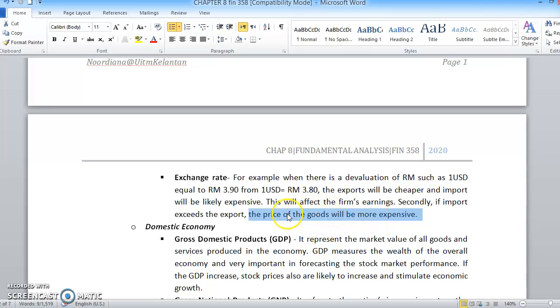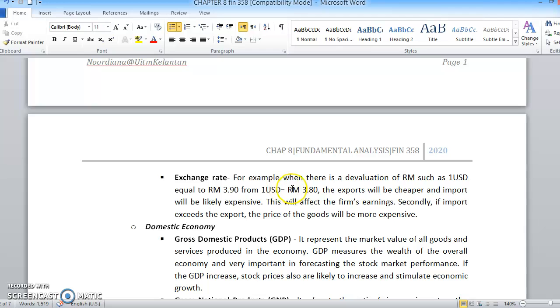Yes, so that's why we are supposed to export more, compared to importing the goods and so on, right? Okay, I'll give you another example. Let's say pada asalnya 5 to 10 years ago, the RM is 3.8.